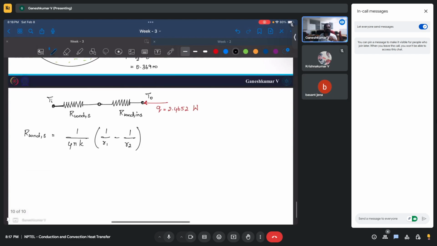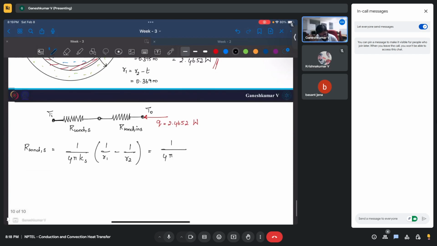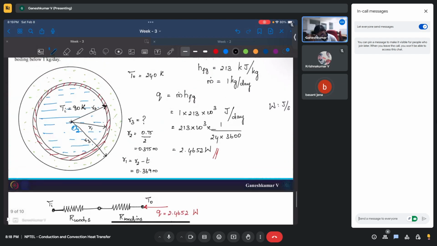So like we had natural log of R2 by R1, here we have a different formula for spherical because it's a spherical tank in three dimensions. Is it clear how we got this formula? We have already derived this formula in the class, so I just took the formula from there.